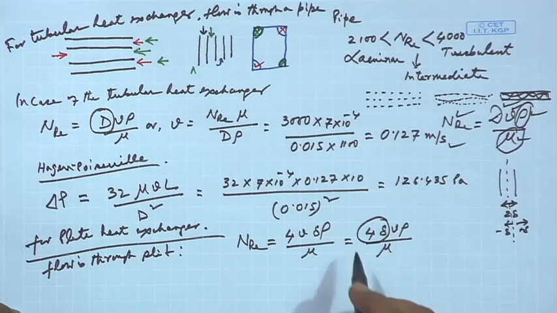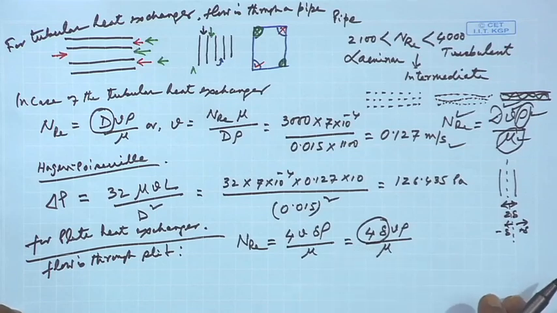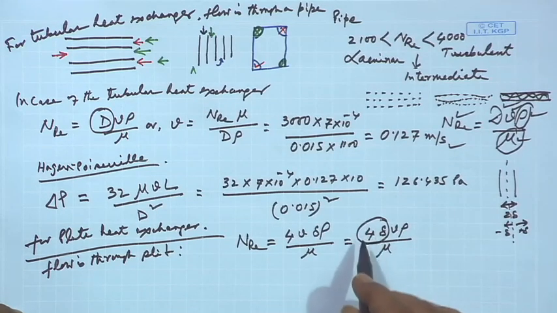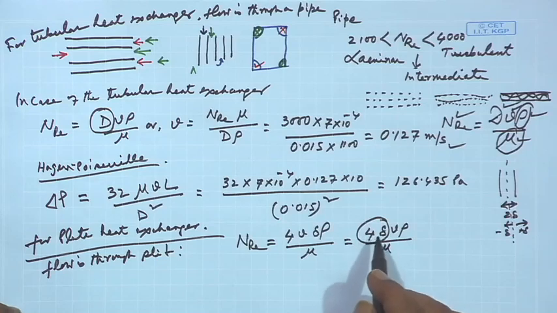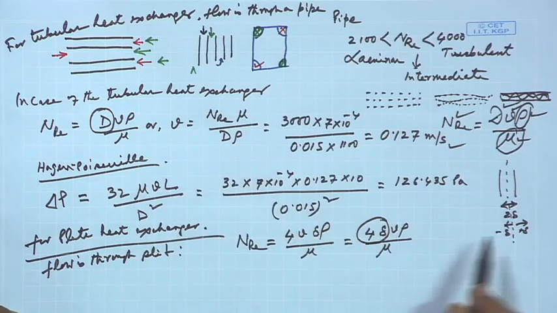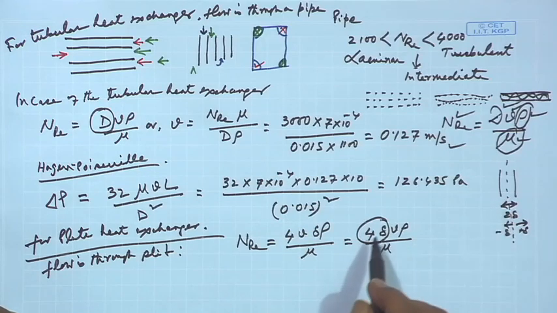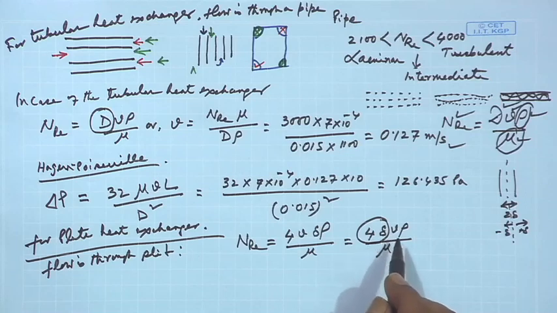So that is why it is coming, and this was the equivalent diameter of the slit. What is the equivalent diameter? That we can find out to be 4 del. We had also found that there. So, it is 4 del V rho by mu.